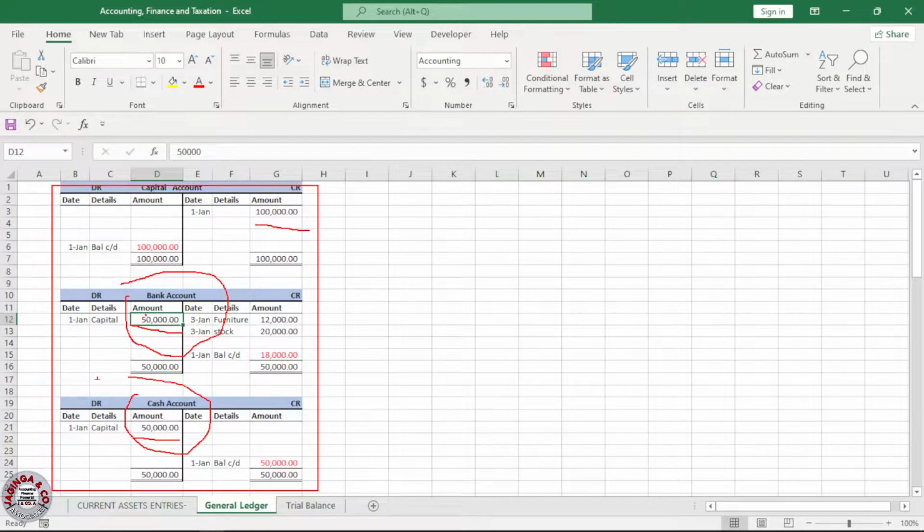So the total assets being 100,000 are equal to our capital, which is equity, which is also 100,000 shillings. That's what we mean by every transaction will affect at least two different accounts.